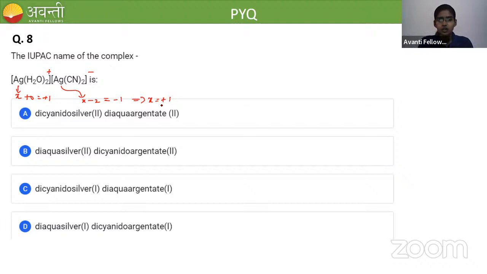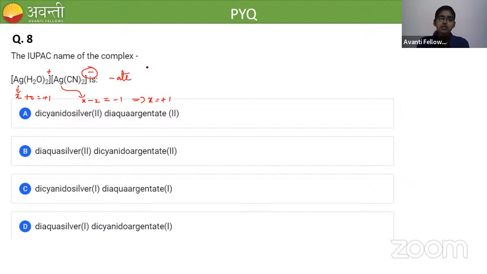Now what we have to do? I told you if the complex is cationic or neutral in nature, you have to write the central metal name as such. So it is diaquasilver(I). And if the complex is anionic in nature, you have to end the central metal atom name with the suffix -ate.